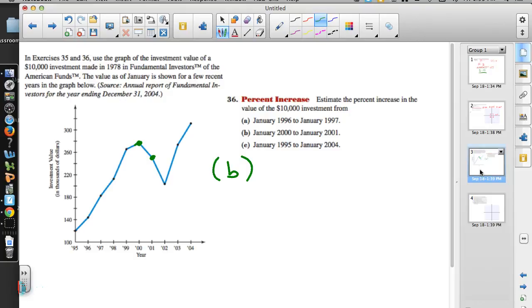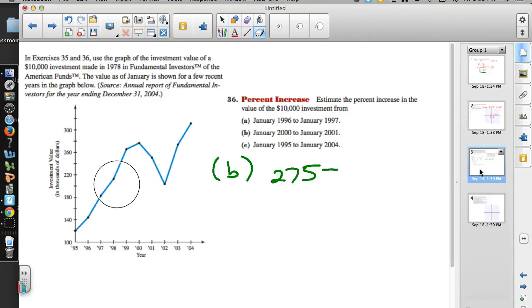So at 2000, that looks like just about 280, but maybe not quite that. 275, 280, somewhere along those lines. And then the other dot appears to be, well, it's above the 240 line. We'll go with 245.